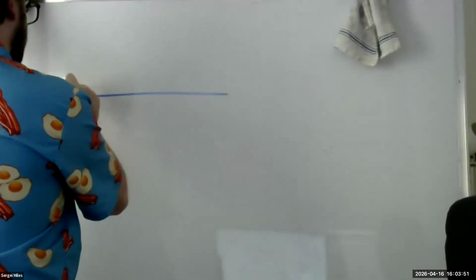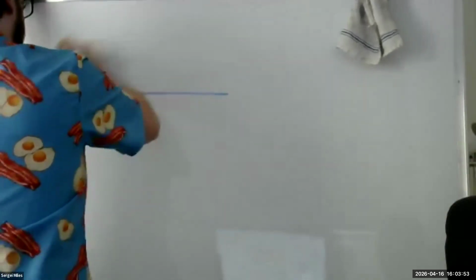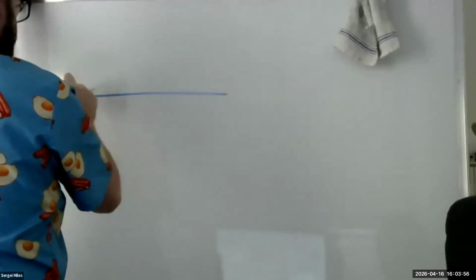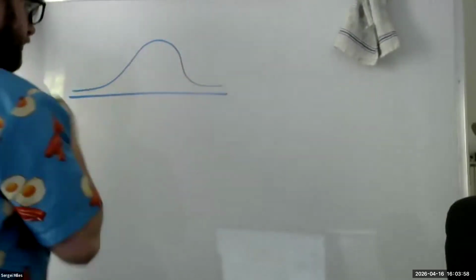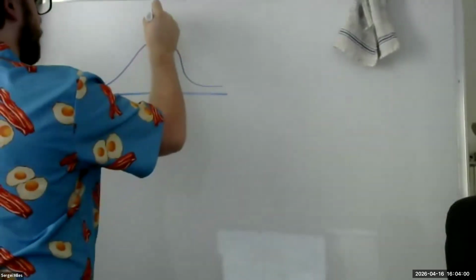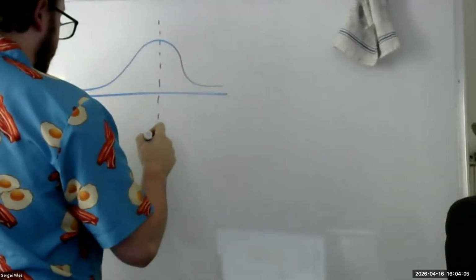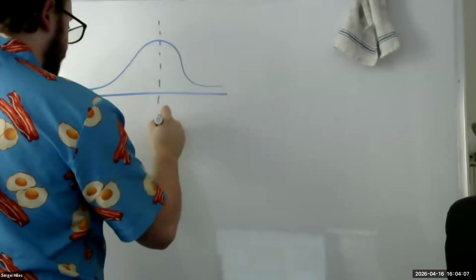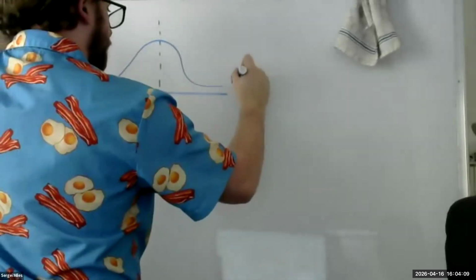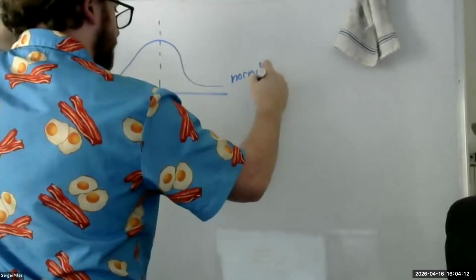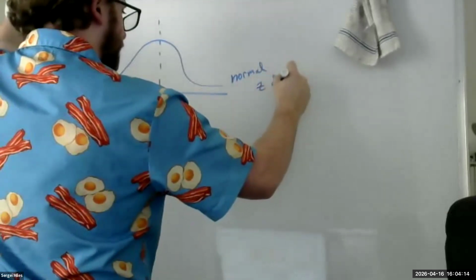So when we have the normal z distribution, we have something that looks like this, where I've got this large clustering in the middle, where I have this high frequency around what we think is the average, and this is the normal z distribution.